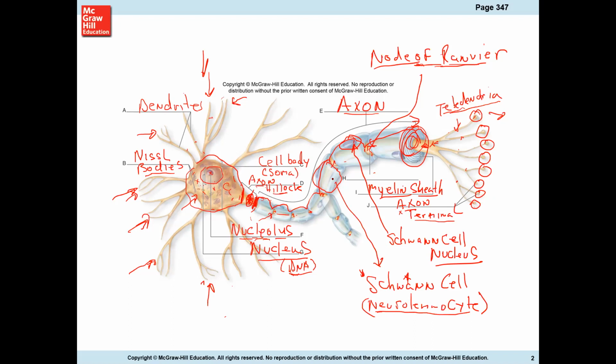Calcium is going to bind to those vesicles within the bulb, and it's going to release neurotransmitters like acetylcholine, norepinephrine, dopamine, serotonin, GABA, glutamate, some glycine, and all the other ones you've learned.